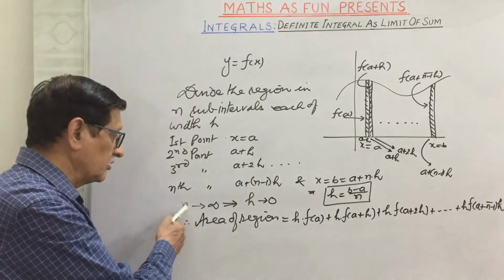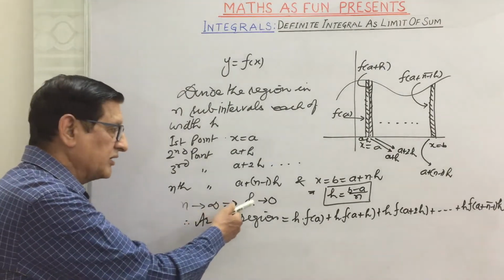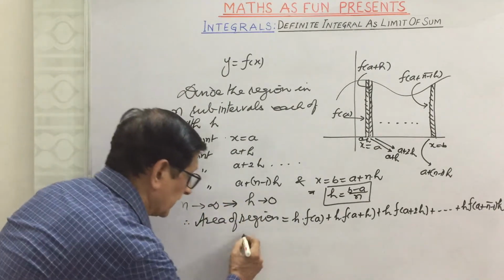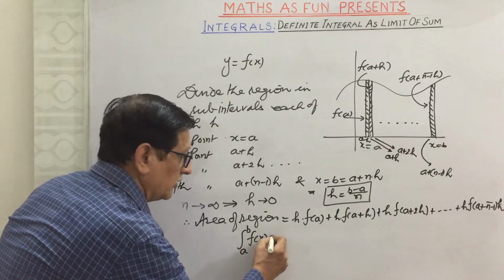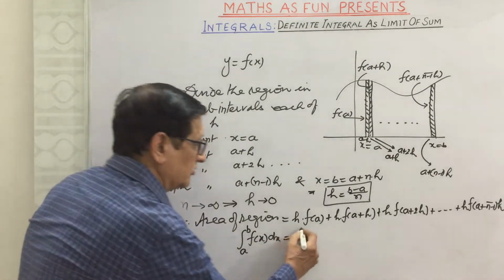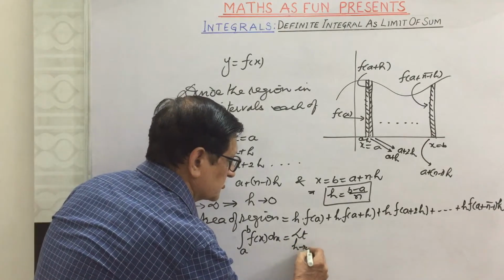And since we have taken n very large, h tending to 0, can we say that the integral of f(x) from a to b will be equal to the limit as h tends to 0 of h times [f(a) plus f(a plus h) plus f(a plus 2h) plus so on up to f(a plus (n minus 1) into h)].